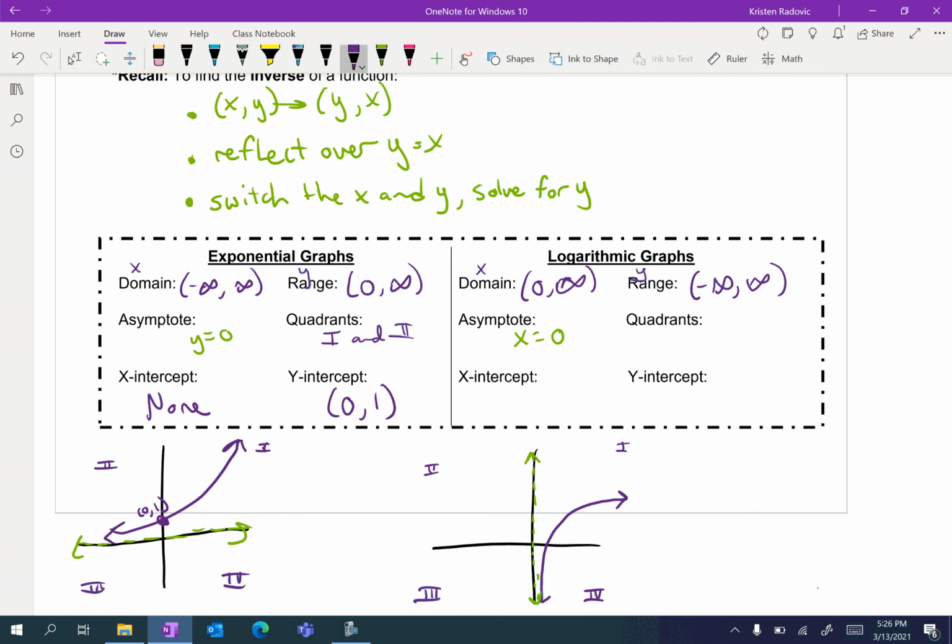The quadrants that we're going to take up are the two on the right-hand side. That's quadrant 1 and 4. Now, before we had no x-intercept, but we're switching the x and y for the inverses, so now I'm going to have no y-intercept.